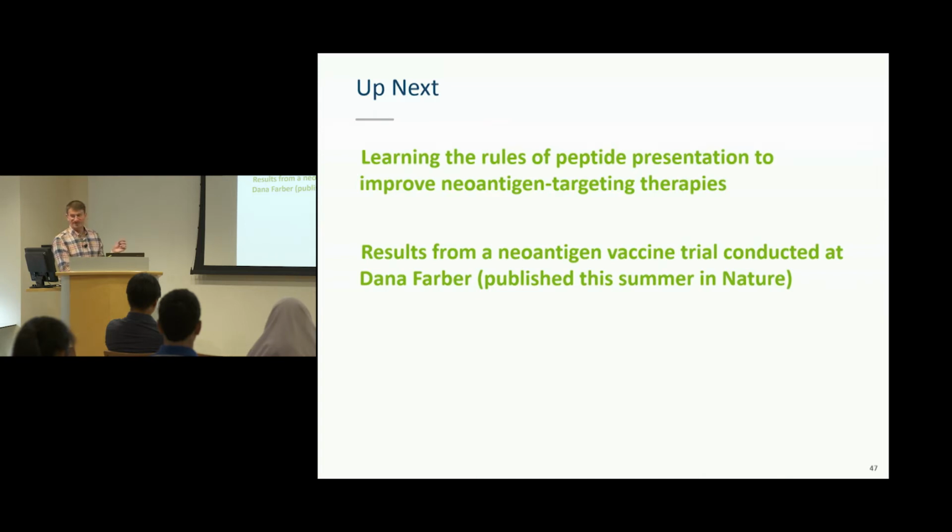Sisi and I will co-present the work we did on getting better at those predictions. And also, Sisi will present results from a new antigen vaccine trial using the concept I just presented that was conducted over the course of the past 2 years at Dana-Farber. And that was just published in Nature this summer. So we're excited to share that with you guys as well.